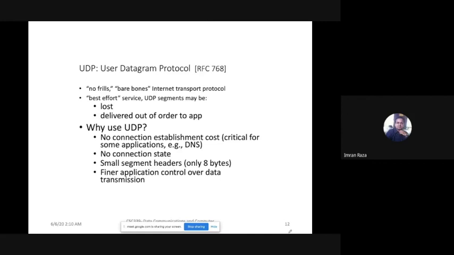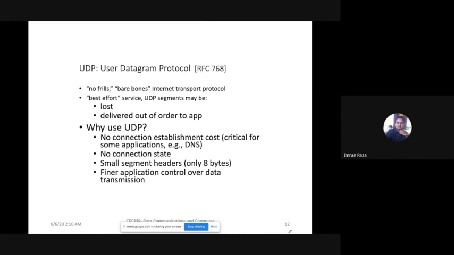We have already covered that UDP segments may be lost and can be delivered out of order. It also provides us best effort delivery. Then there's an obvious question: why do we use UDP then?